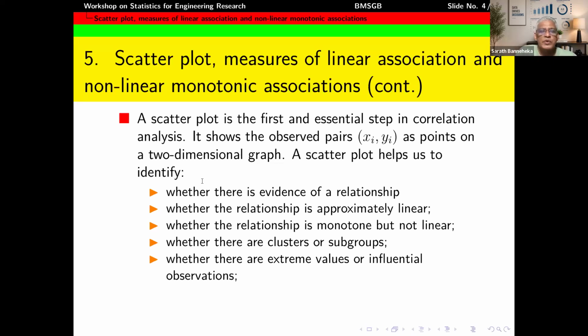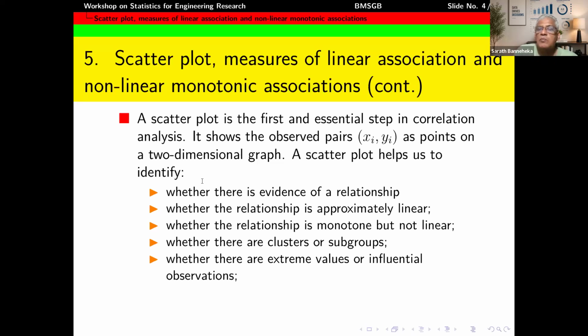Next, whether the relationship is monotone but not linear. There can be some non-linear relationships that are monotone. Monotone means either increasing or decreasing monotonically, but it may not be a straight line relationship.